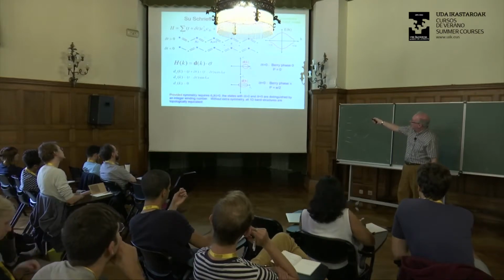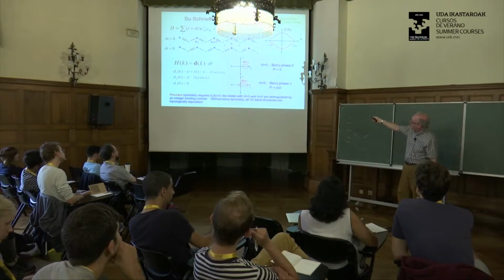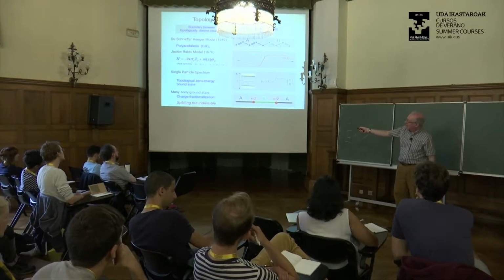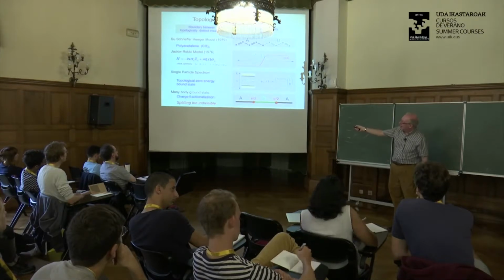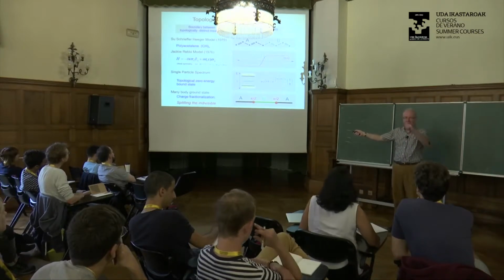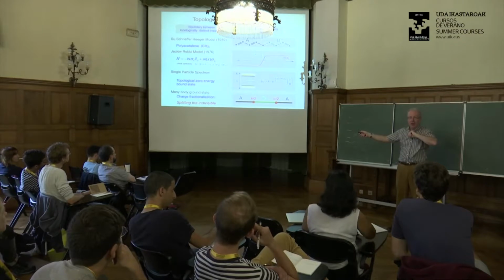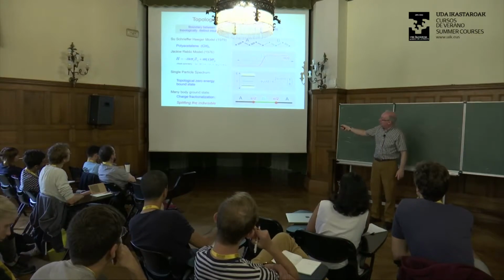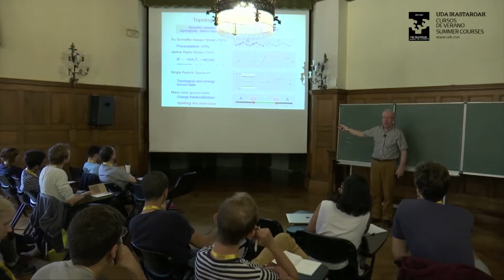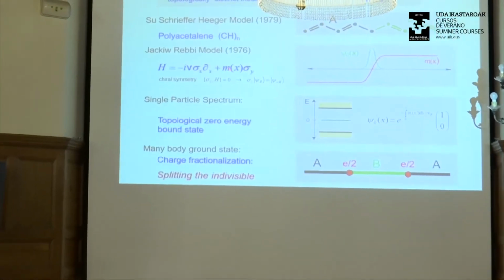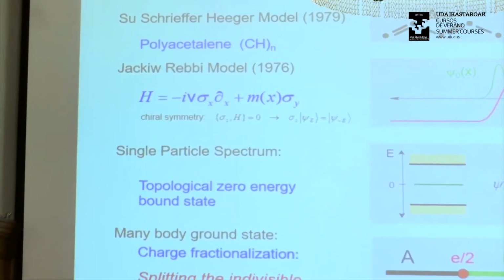You can look at the low energy states here, and that has the structure of a one-dimensional Dirac Hamiltonian, where the dimerization gives you this mass term, and this is coming from the finite Fermi velocity of the states that are crossing at pi. What Jackiw and Rebbi realized is that if you have this one-dimensional Dirac Hamiltonian and the mass changes sign at a domain wall, then you have a topological boundary mode there.